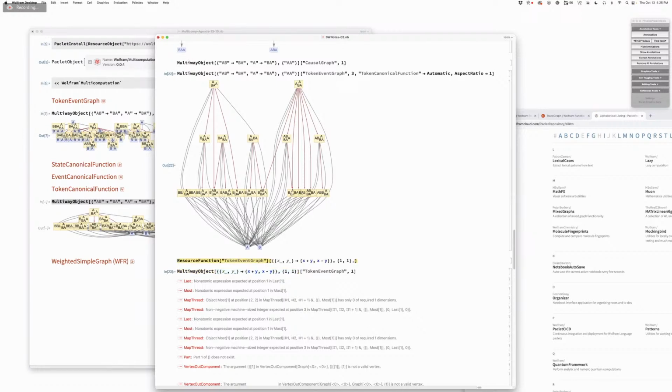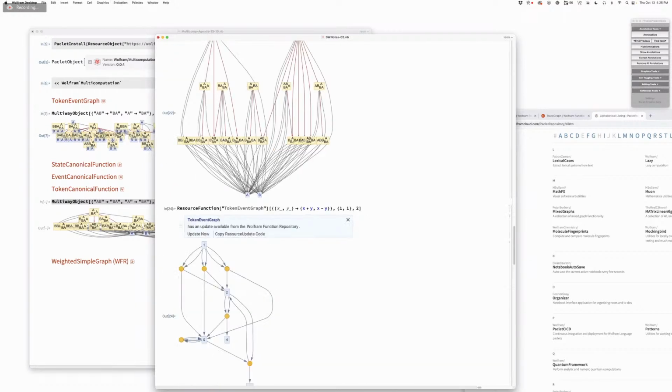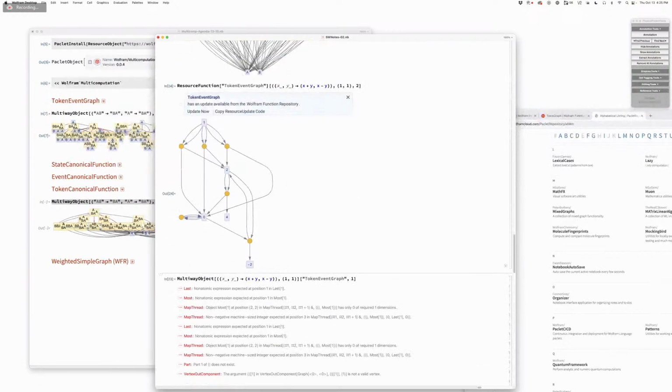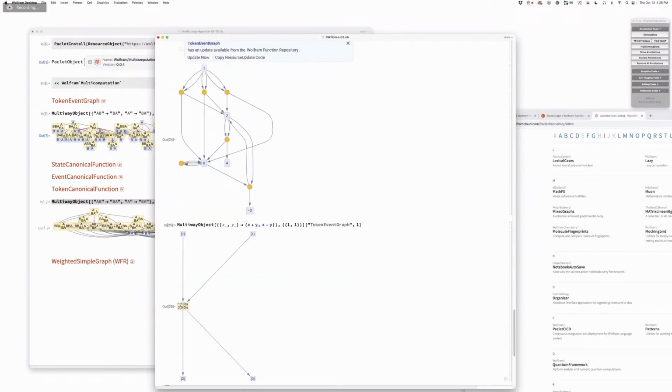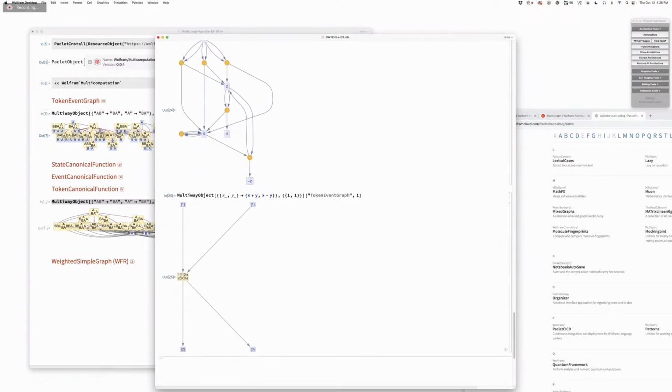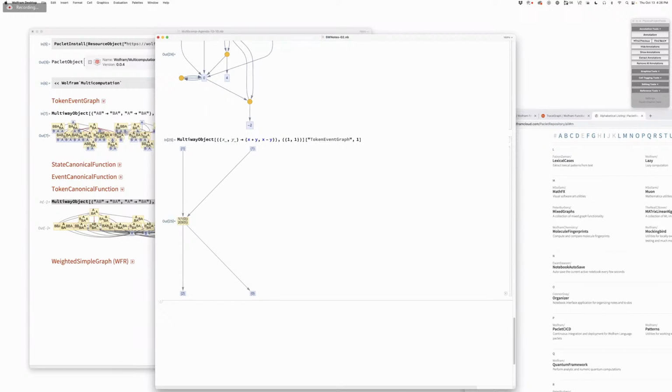Maybe it's a bug. Can you wrap it in an additional list or something? Though I'm not sure. Oh, that looks right. That looks right. That's the sort of scattering event.